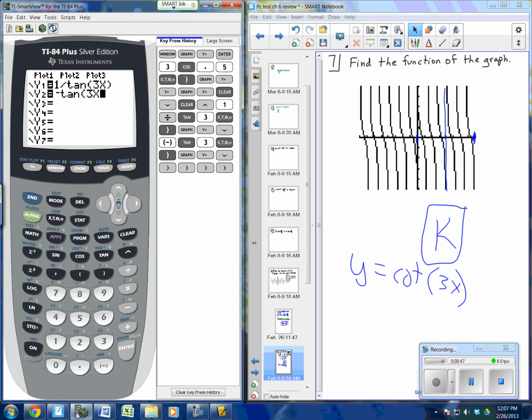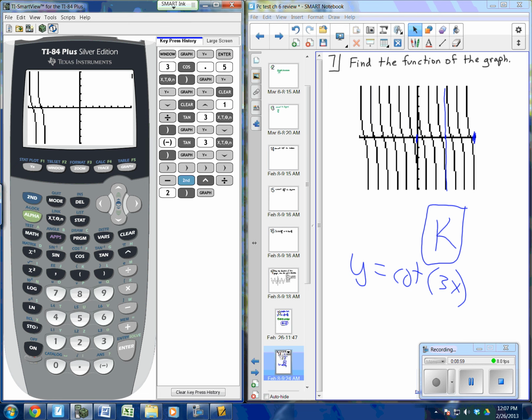How much would we need to shift it? Here's the correct one. Let's see if I got it on the next one. Looks like I got it. Okay, it was pi halves. Shifted by pi halves. Good.